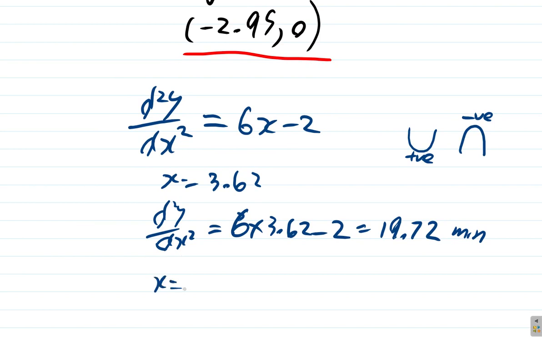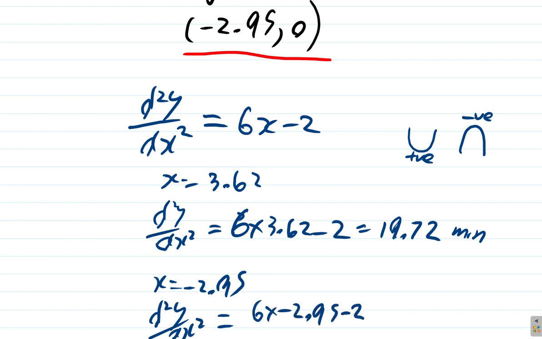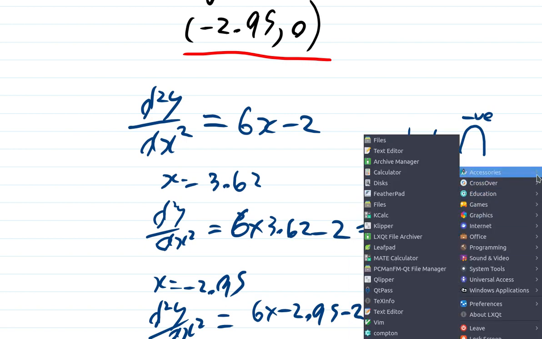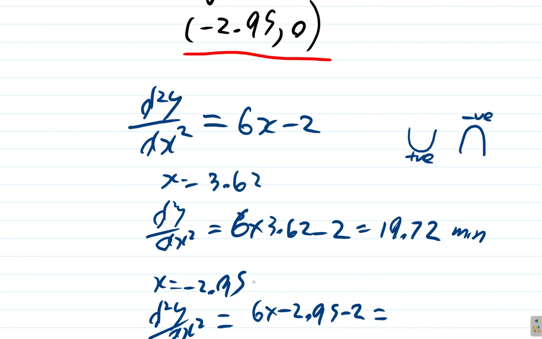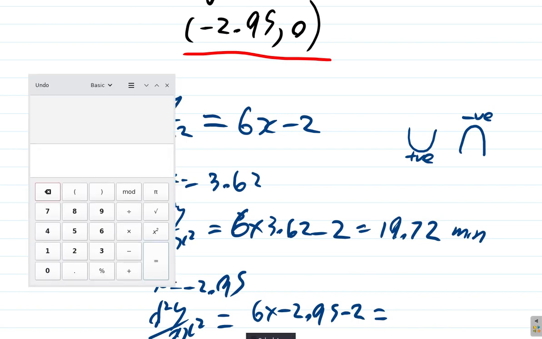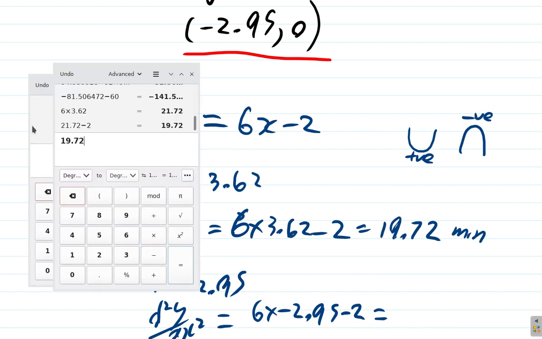And then here, when x is negative 2.95, d squared y by dx squared would give us 6 by negative 2.95 minus 2. You can see this is definitely going to be a negative, which is a maximum point, but let us still, for the sake of practice, work it out.